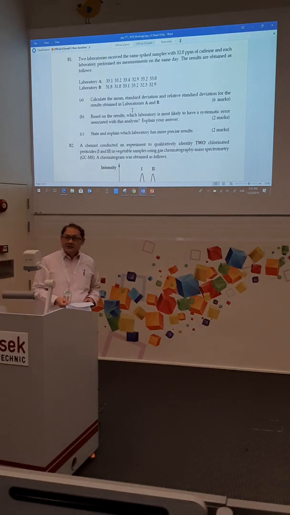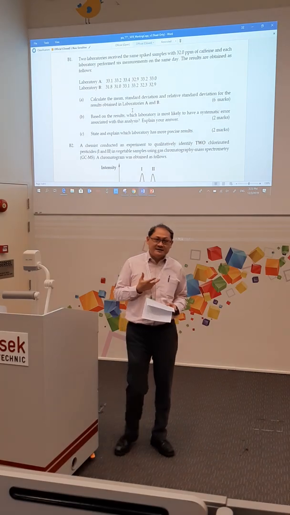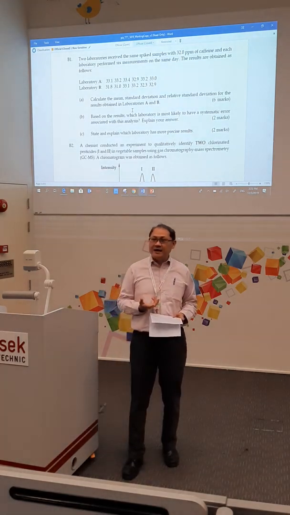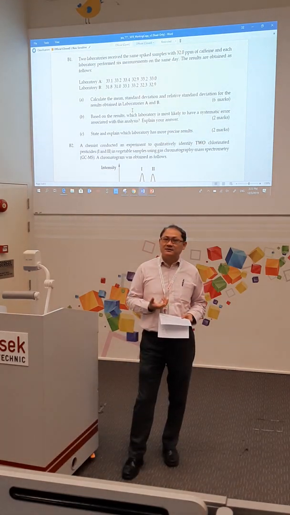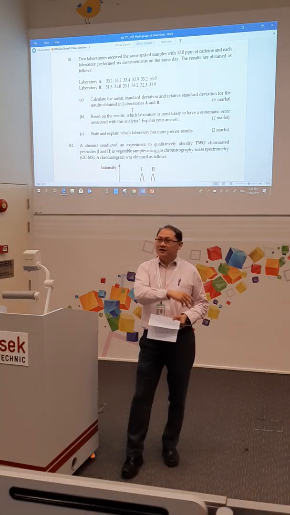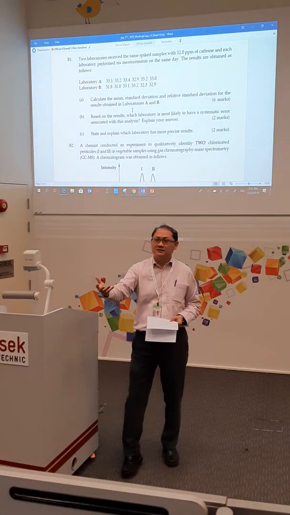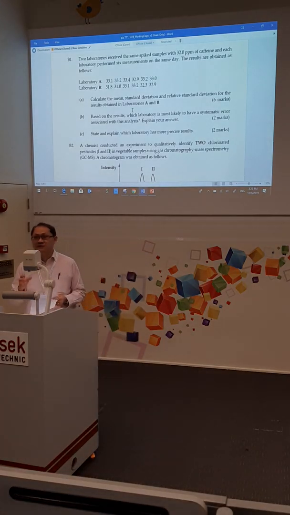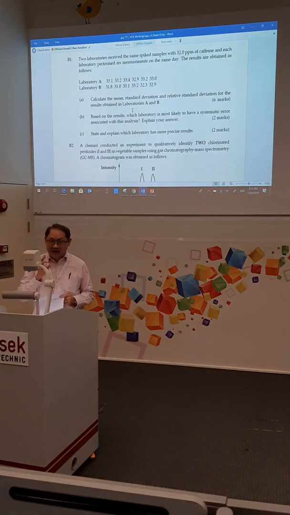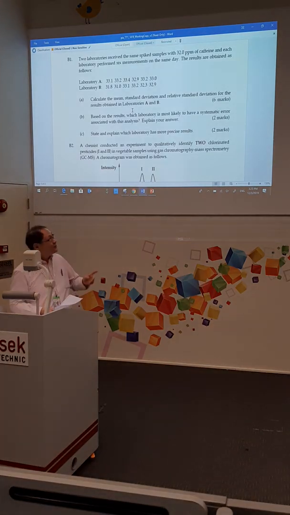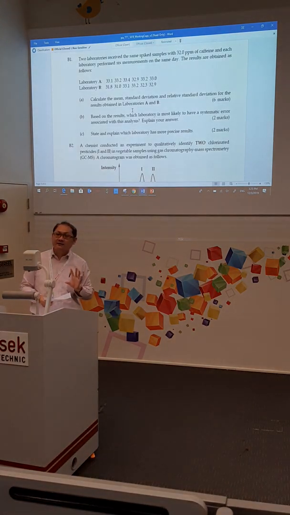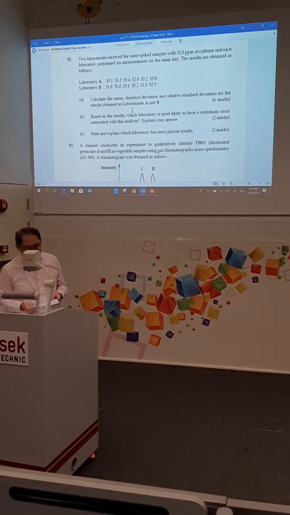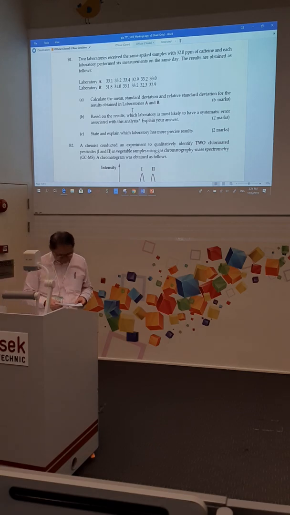So you need to understand what a systematic error is. Is it laboratory A or laboratory B? Importantly, you need to be able to justify your answer. Look at this set of data. Can you quickly comment which lab may come with that systematic error? B.